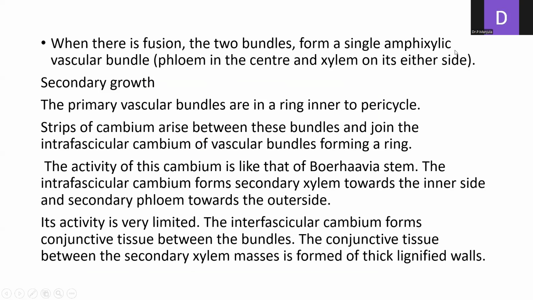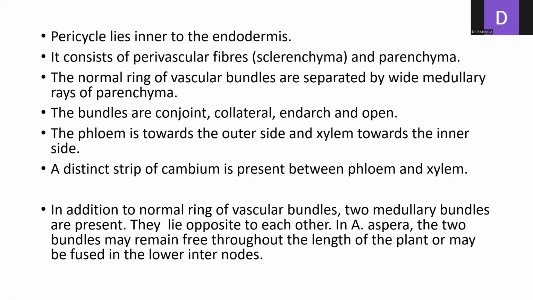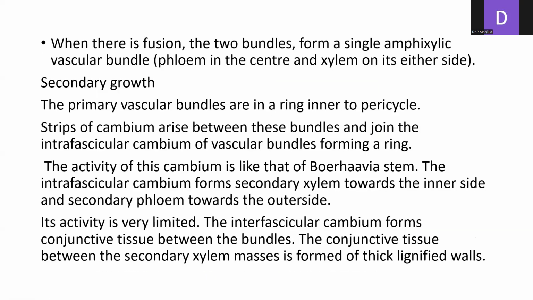Amphixylic means phloem in the center and xylem on either side. Look at the structure here: xylem is present in the center and phloem on the outside. So when they fuse, they form phloem in the center and xylem on either side.